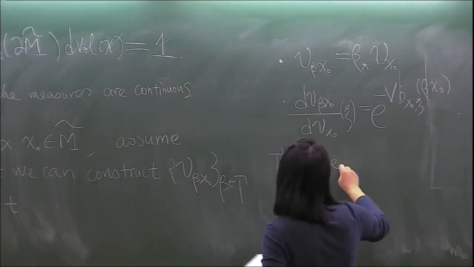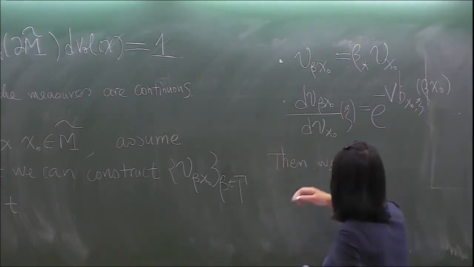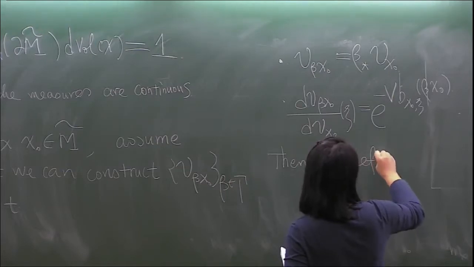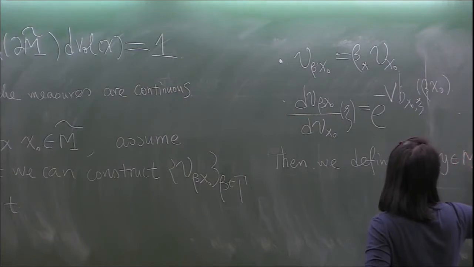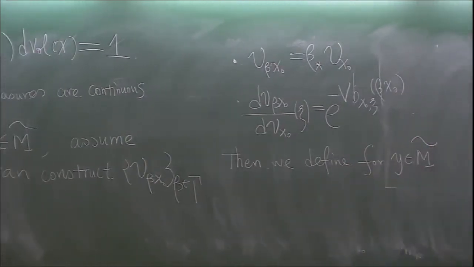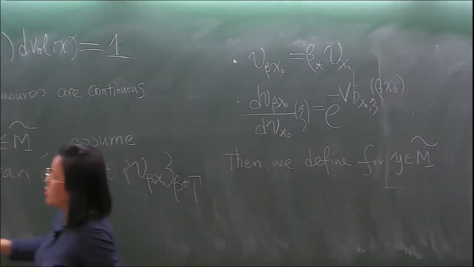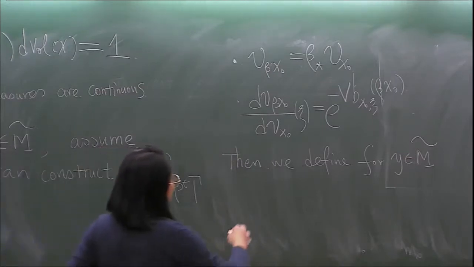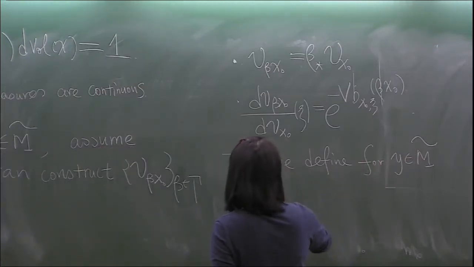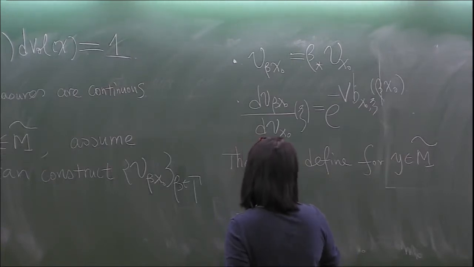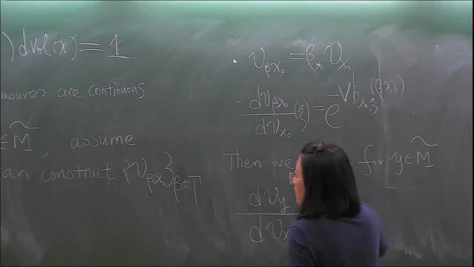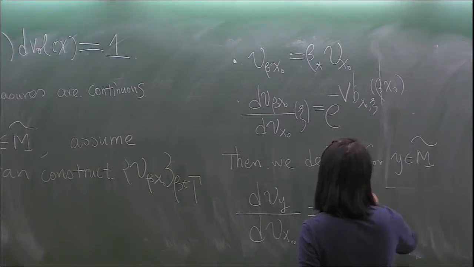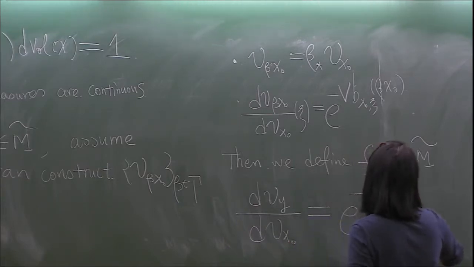Okay, then we can define for other points, y belongs to n theta, we just take this as a definition. So we define nu y such that the Radon-Nikodym derivative of this one with respect to this is e to the power minus v bx naught c.